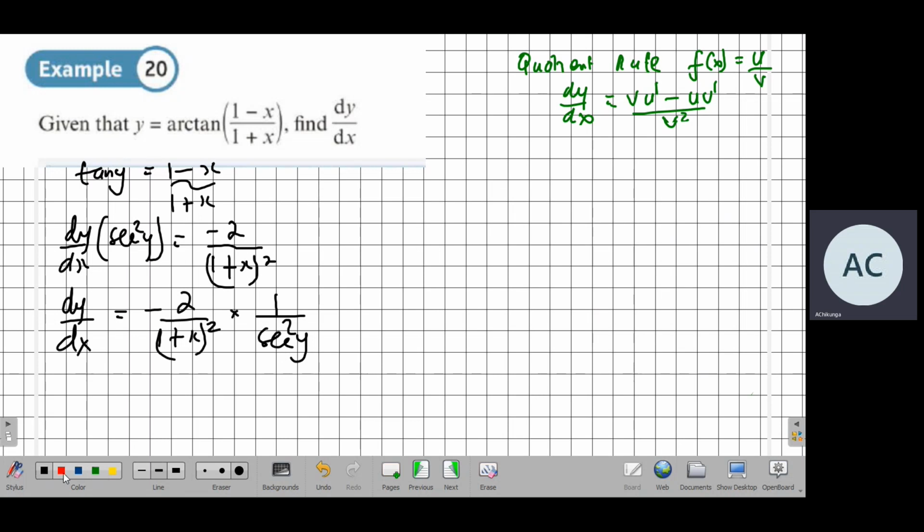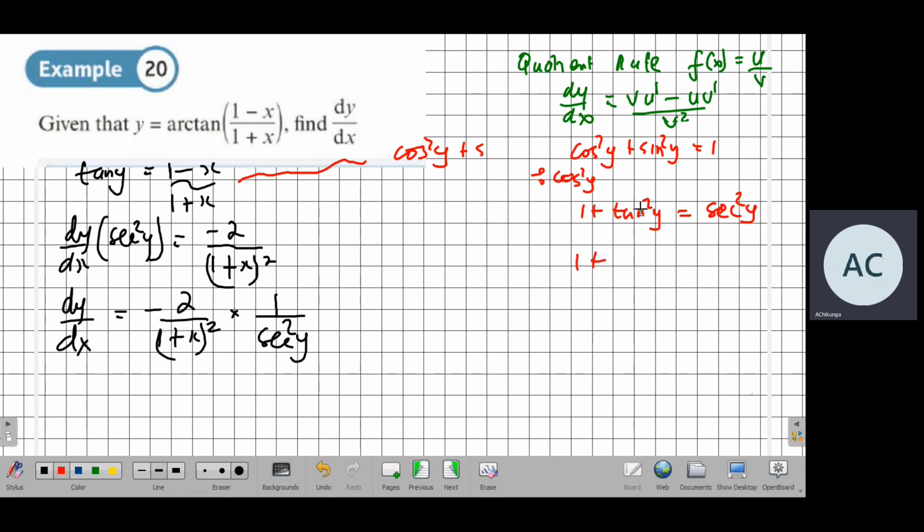So it starts from here, again appreciating that cos squared y plus sine squared y is equal to 1. If I divide this by cos squared y, I'm going to get 1 plus tan squared y is equal to sec squared y.